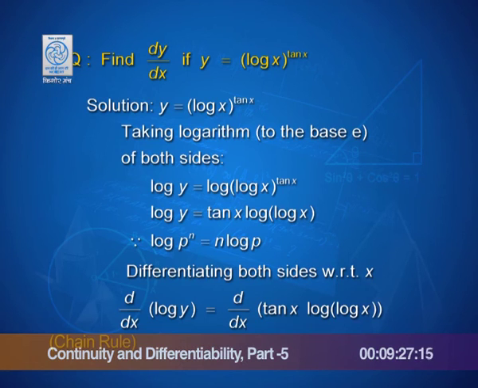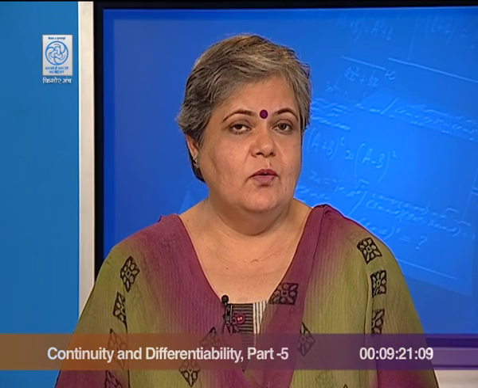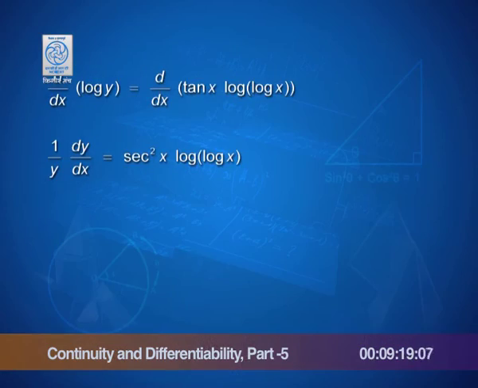So, to differentiate the right hand side you need the product rule, and therefore the derivative of log y is 1 by y into dy by dx, whereas the right hand side will result from the application of the product rule on tan x and log of log x.